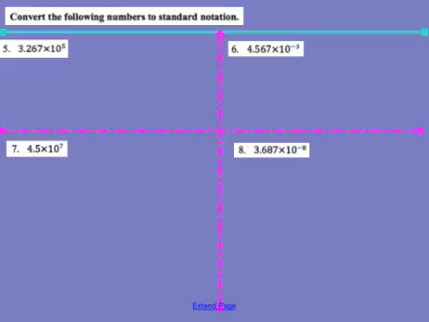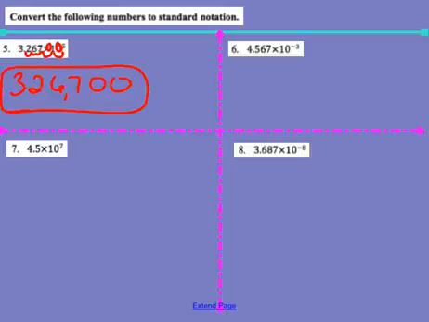So what I would do is I grab a marker right away. 1, 2, 3. Then I need a 0, and another positive.